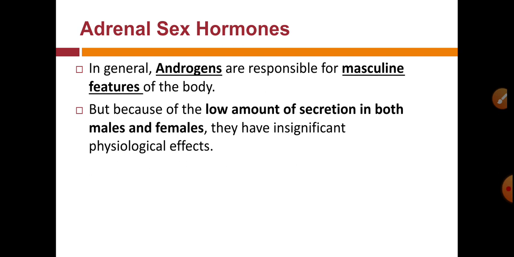That means from zona reticularis they are secreted in very low amount. So adrenal sex hormones have insignificant physiological effects because they are secreted from zona reticularis in very low amount, while from zona fasciculata they are secreted in very least amount.